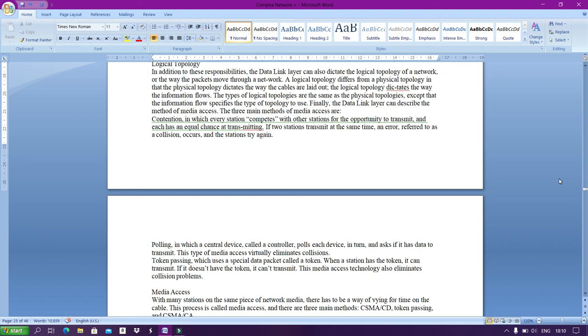The three main methods of access are contention, in which every station competes with other stations for the opportunity to transmit, and each has an equal chance of transmitting. If two stations transmit at the same time, an error referred to as a collision occurs and the station tries again.